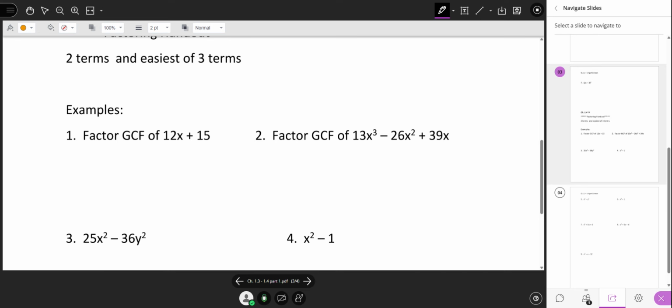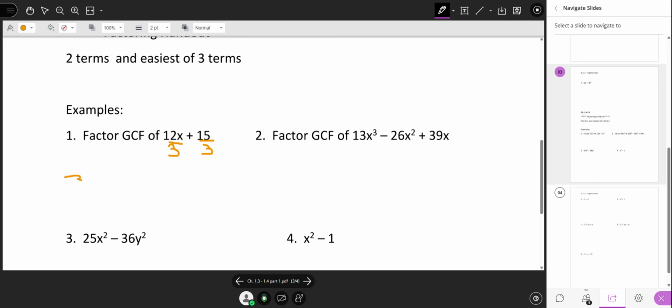Factoring greatest common factor out of this. So if you look at this, 12 and 15, 3 goes into both of those. So as I look at this, I'm going to divide both of these by 3.